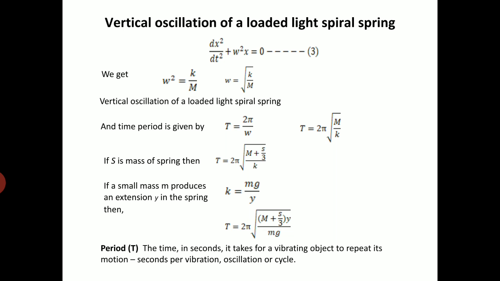Substituting that omega, what we get is T equals 2 pi root of m by k. If S is the mass of the spring, then T is written as 2 pi root of (m plus S by 3) over k.